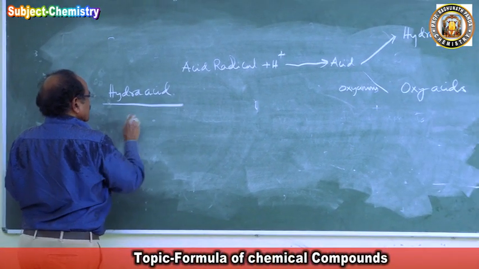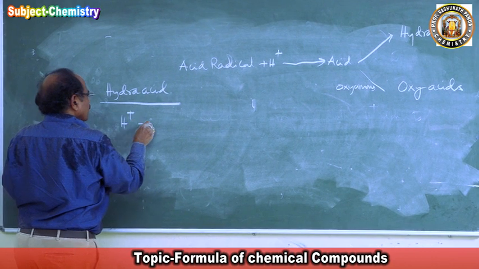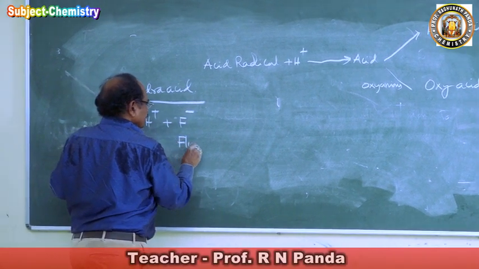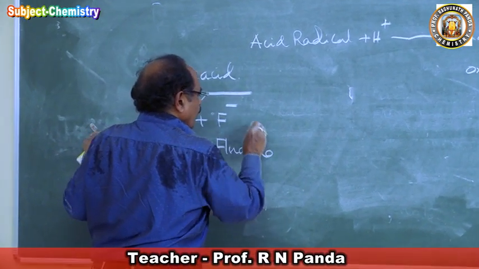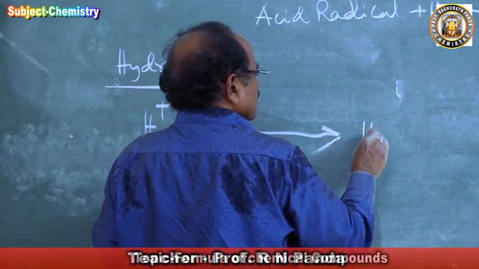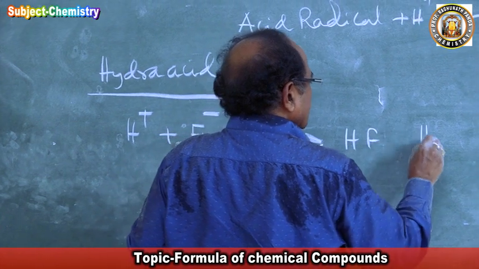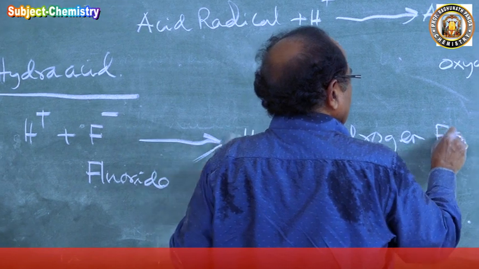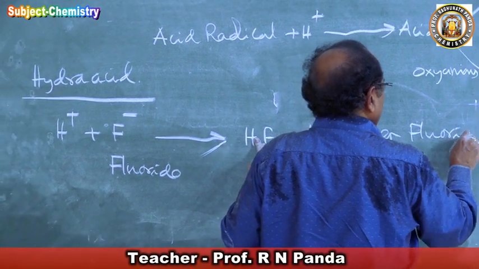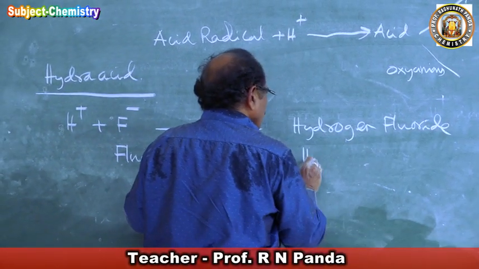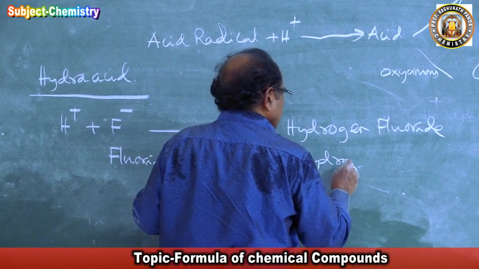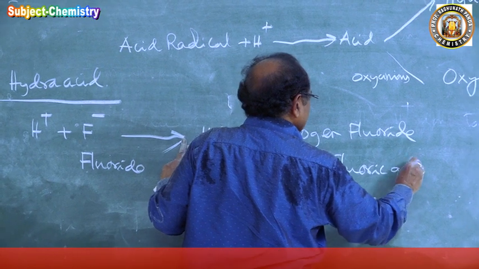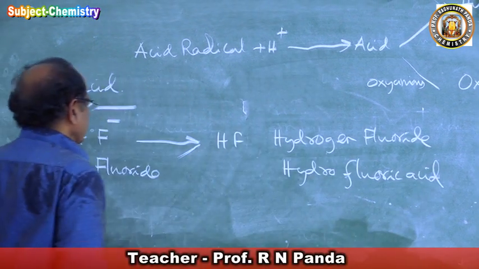So now we take H plus, which will combine with F minus, fluoride. This will form HF. This is called hydrogen fluoride, the compound name, or hydrofluoric acid.